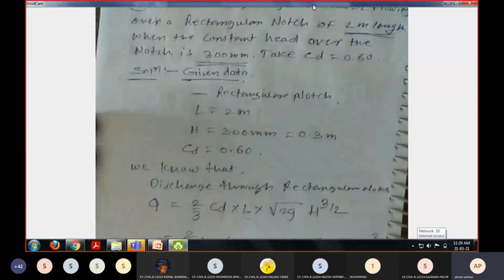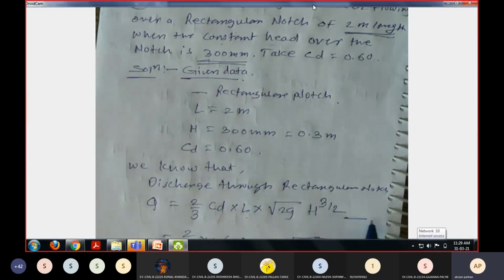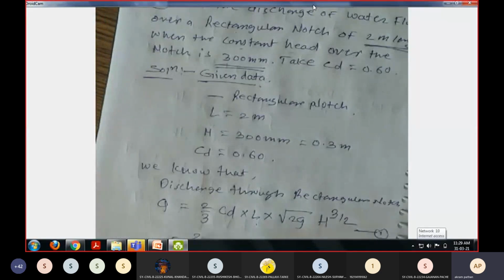If your final examination is of MCQ type, then there will be a 2 marks problem on this formula for the rectangular notch. So remember this formula. You will get a question like this for 2 marks. You only need to know the formula. You can calculate all the values, which are given in the problem itself.